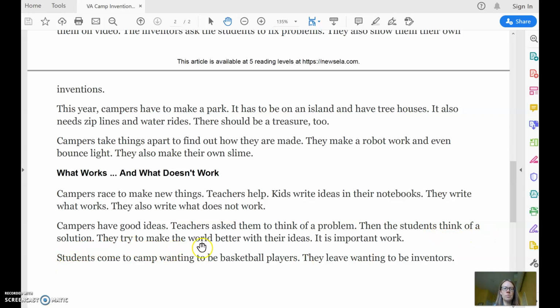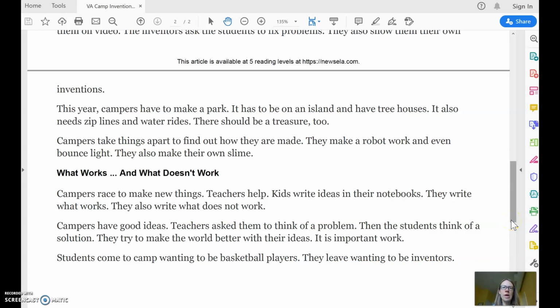They try to make the world better with their ideas. It is important work. Read the last paragraph to yourself. Let's read it together. Students come to camp wanting to be basketball players. They leave wanting to be inventors.